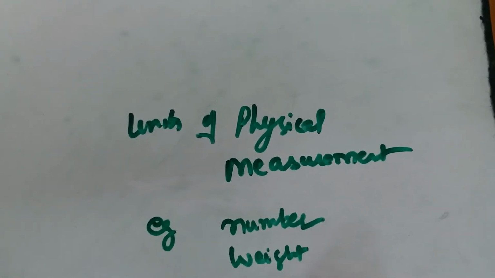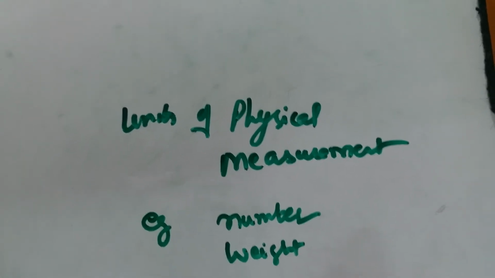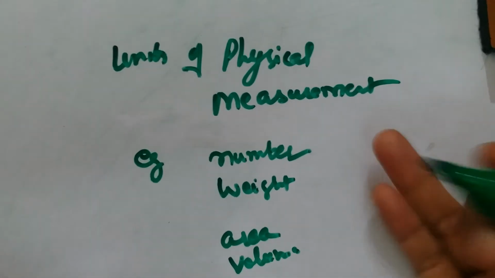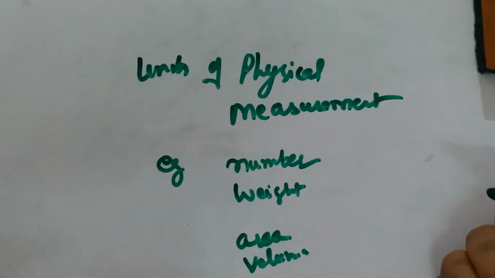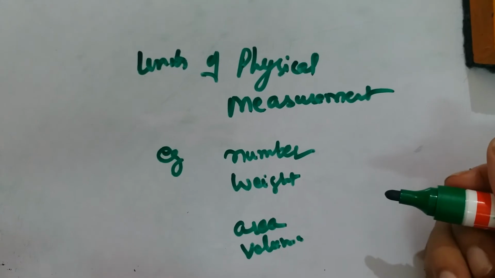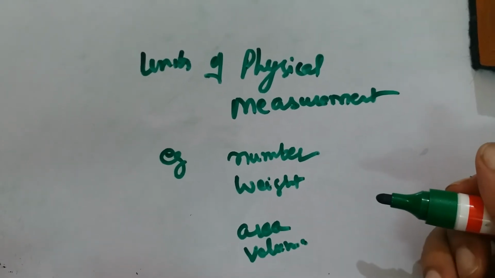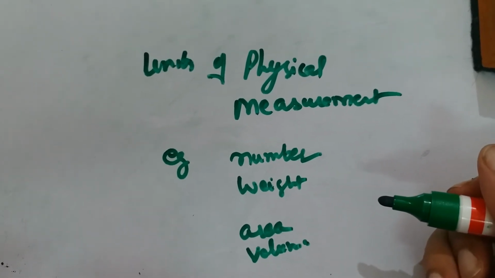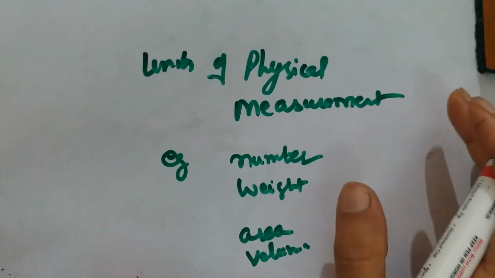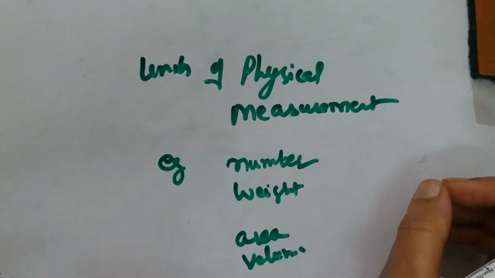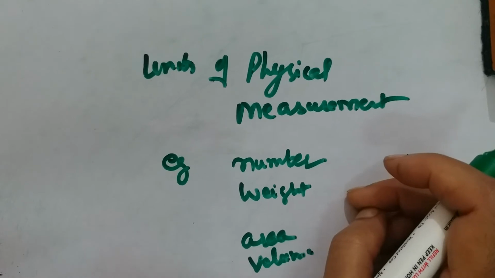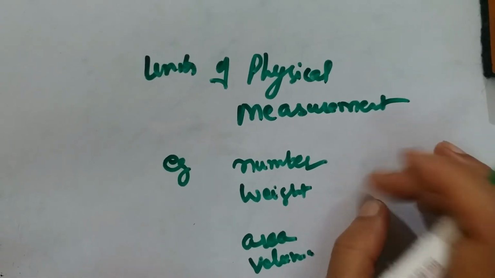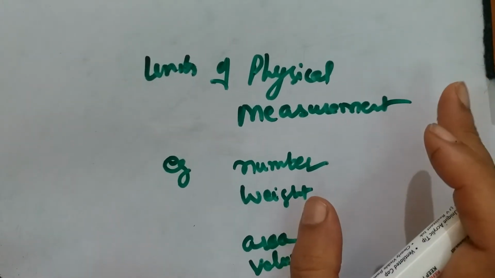It can be an area. It can be volume. It can be anything. So, remember when the cost unit is fixed, it should not be too big, it should not be too small, but it should be such that the expenditure which we are incurring on that product or service is easily associated with it.